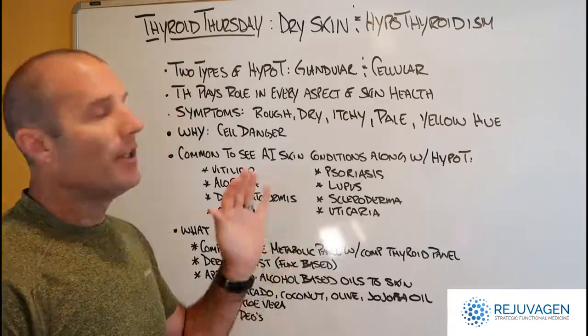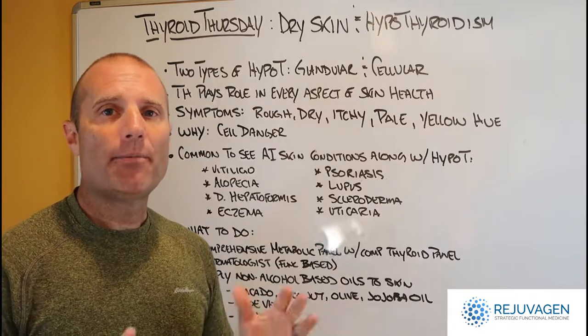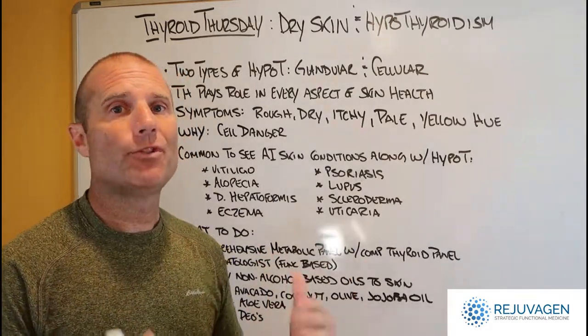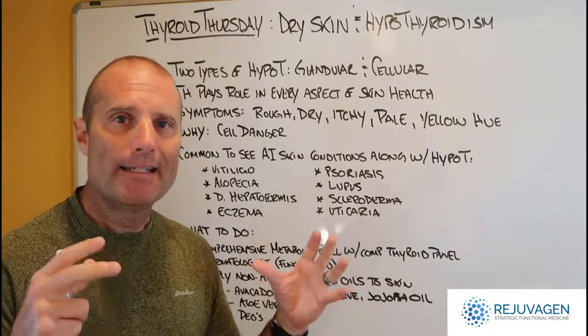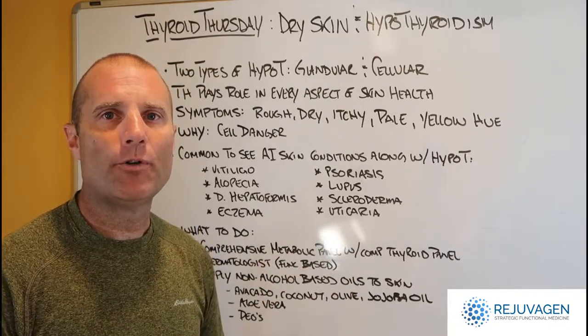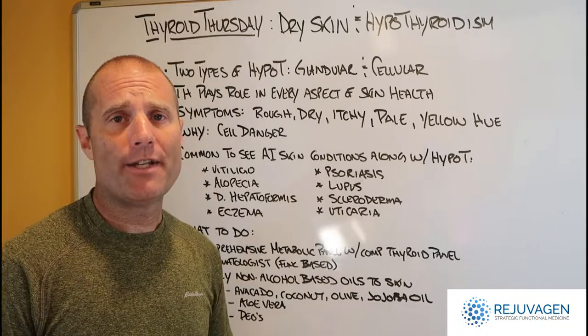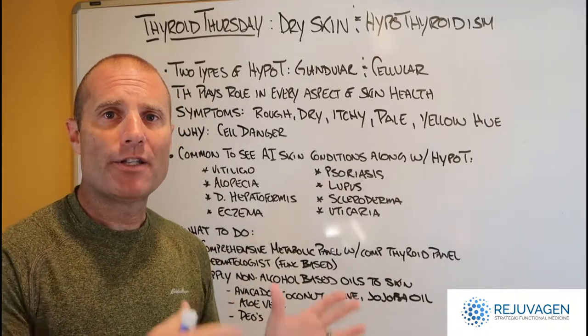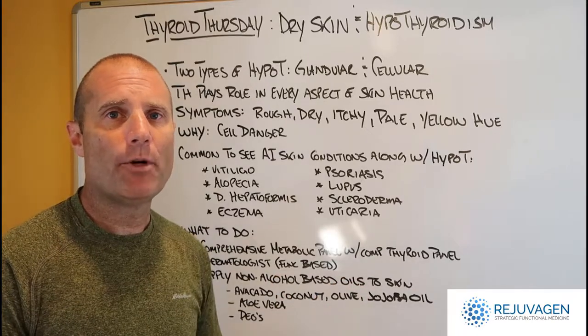So let's back up. Let's just talk about hypothyroidism. Remember, there's two types of hypothyroidism. There's glandular hypothyroidism, which means the thyroid gland is not making sufficient thyroid hormone. The primary cause of that's Hashimoto's in the US, but there's a number of other issues that can cause the gland to not produce enough thyroid hormone.